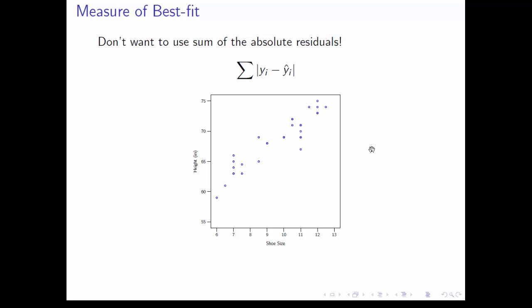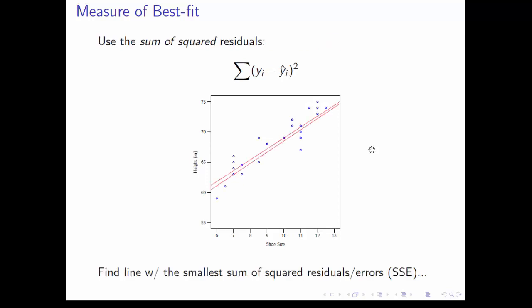They're not clean mathematically. They make life difficult. So of course, what do we do? We square the residuals. Remember, we did this with the standard deviation. That squaring removes the sign, right? Because two negatives are a positive. Or I should say, a negative squared is positive. And so what we'll do is we'll look for the line.